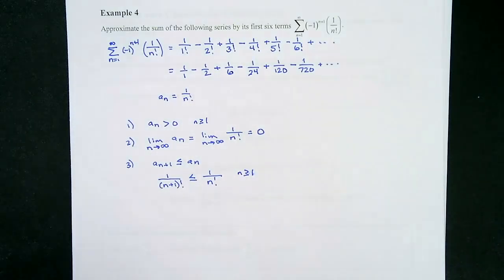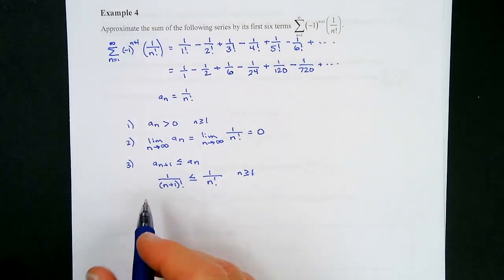Okay, so we know it converges, which means it has a sum, right? We don't know what the sum is. It's not like the geometric series where we can actually figure out the sum, but this actually has a sum, okay?